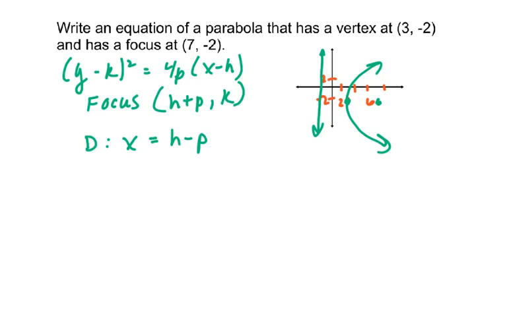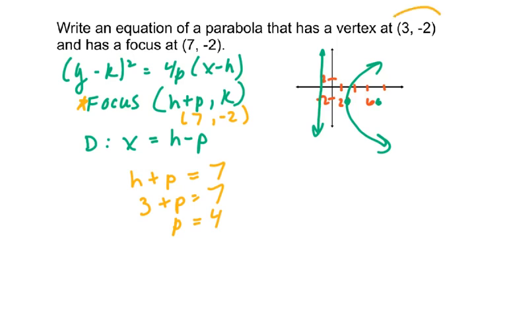And since we know that our focus is at h plus p, k, and we also know our focus is 7, -2, then that means that h plus p equals 7. We know that h is 3, and therefore p must be 4.